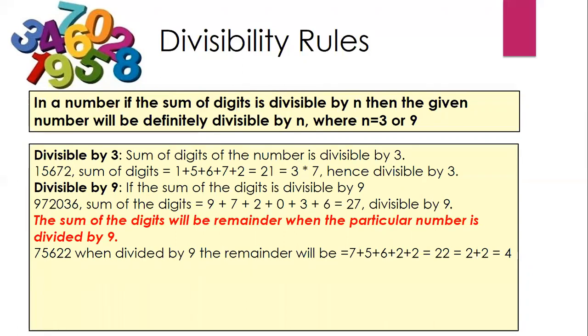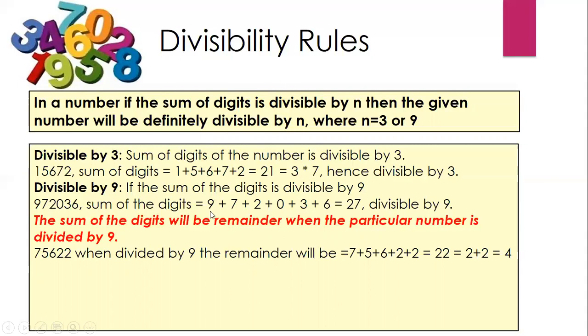The same approach can be used for the divisibility rule for 9. If the sum of the digits is divisible by 9, then the whole number will be divisible by 9. Not only for finding the divisibility criteria, for 9, the sum of the digits will also be the remainder for the particular number when divided by 9. For example, when 75622 is divided by 9, what is the remainder?